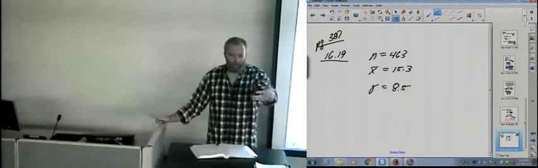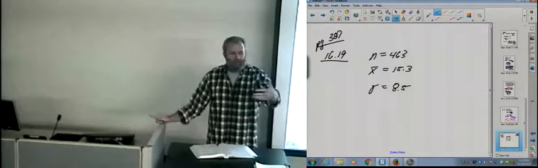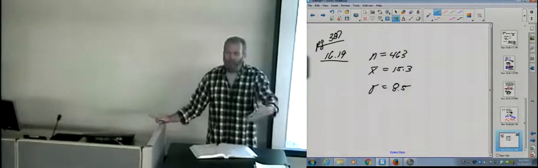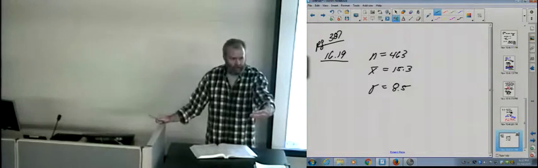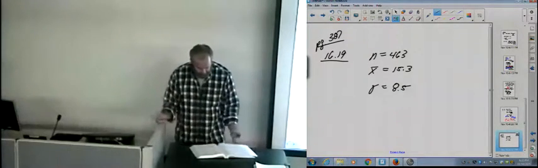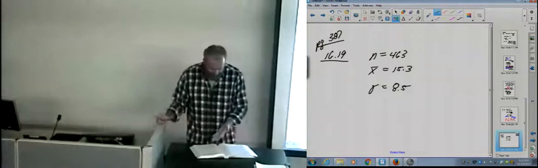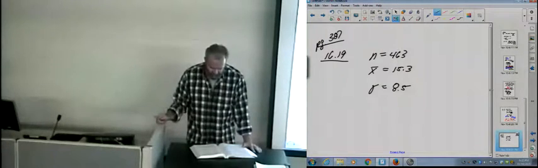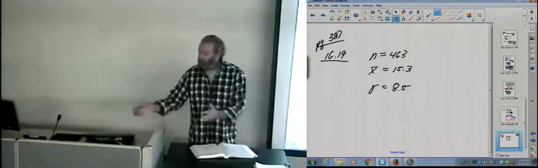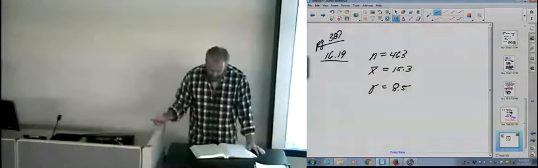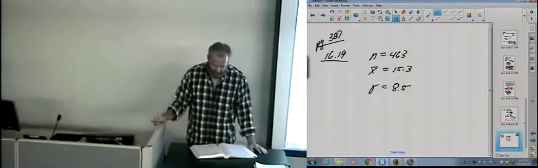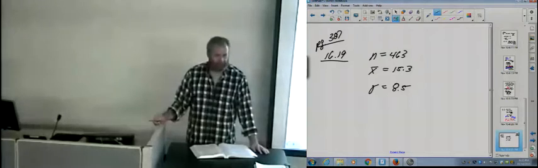Does that normal mean anything to us? That's still the simple conditions, right? We needed normal. We need sigma given to us. It says, in the population of all first-year students at this university, use this sample result to give a 99% confidence interval for the mean study time of all first-year students.